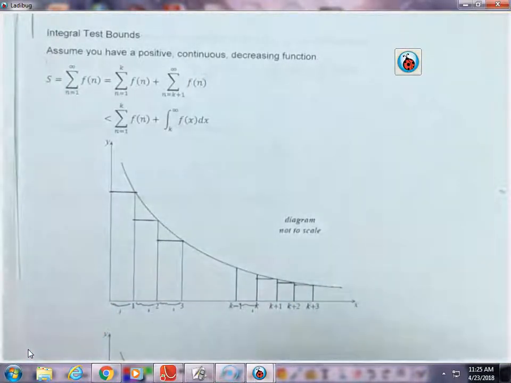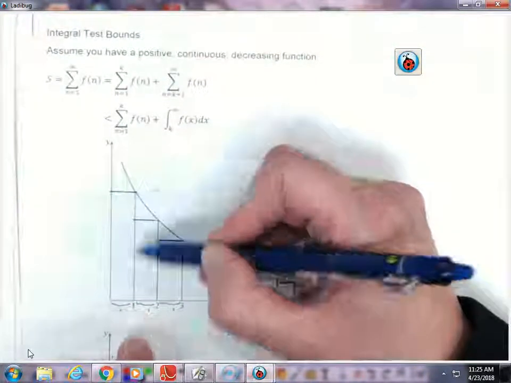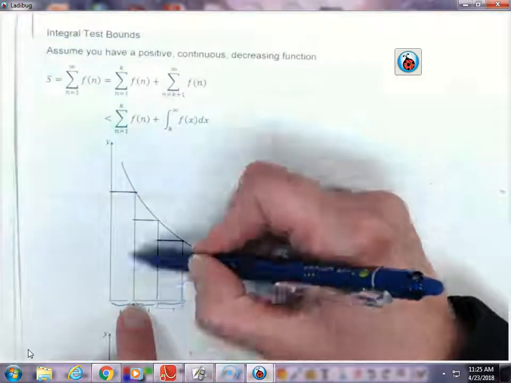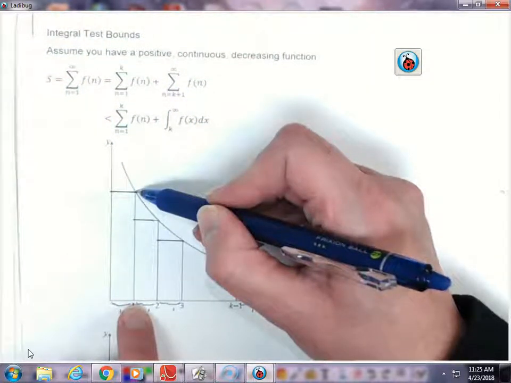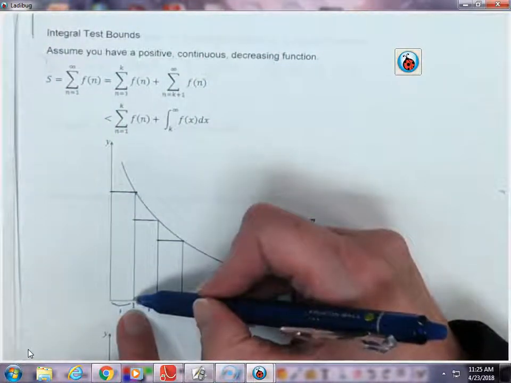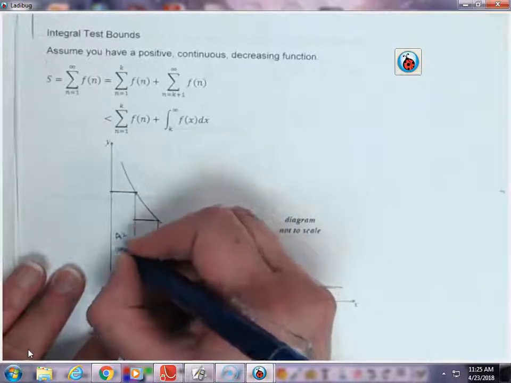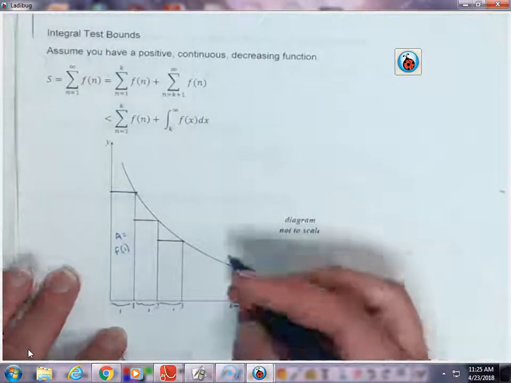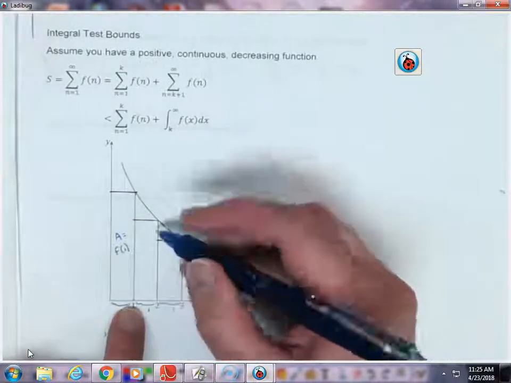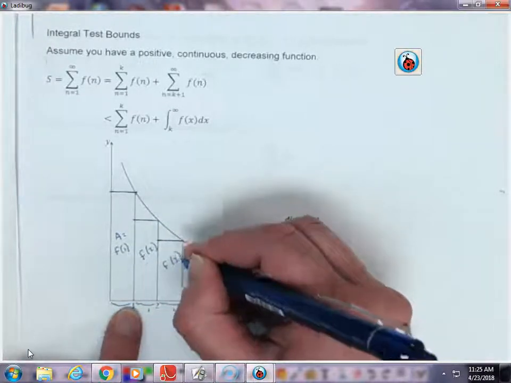If you look at how tall these are, it's all done on the right-hand endpoint. So this first one is f of 1 tall, the height at the right-hand point, times 1, so the area is f of 1. Similarly, this is f of 2 high, this is f of 3.